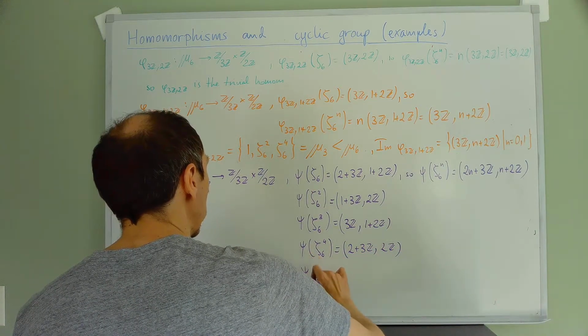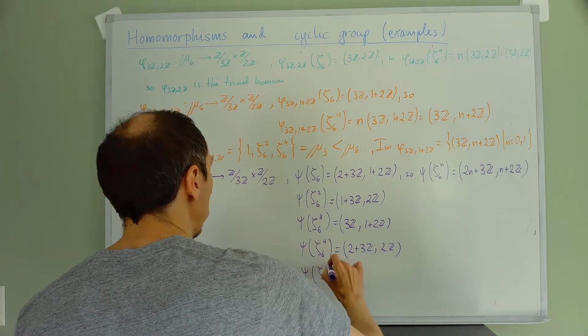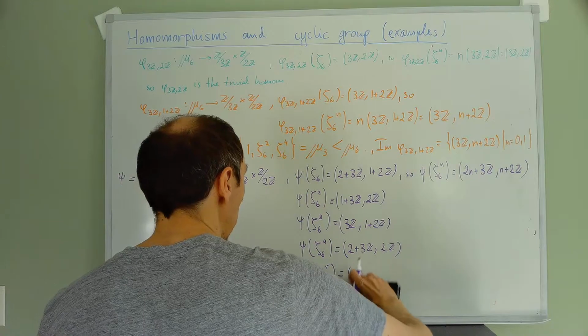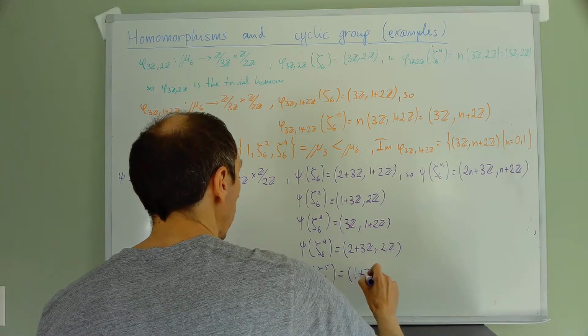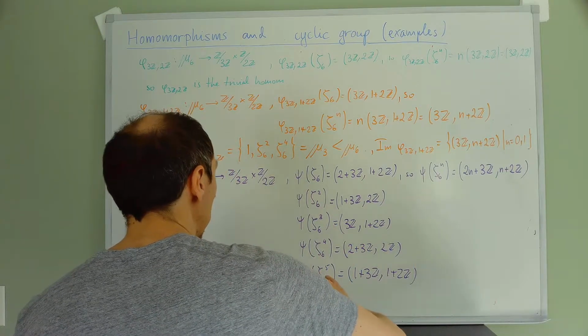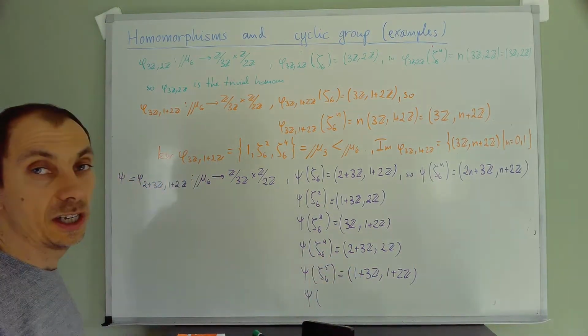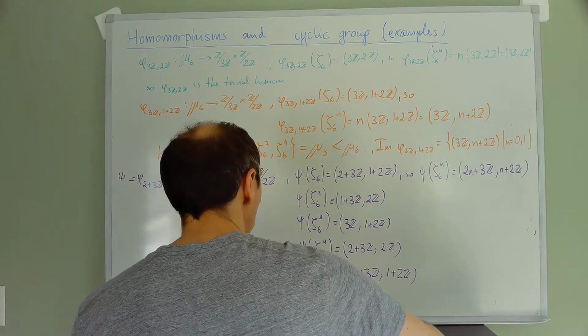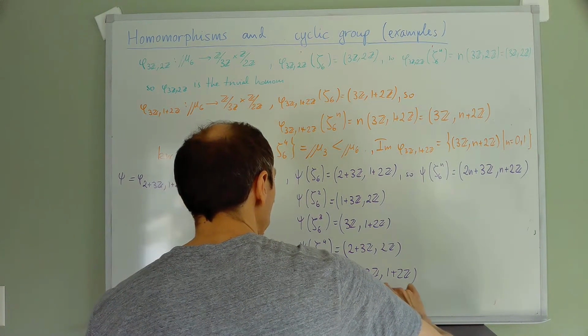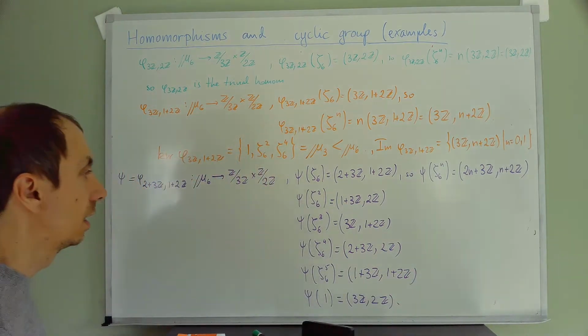Psi of zeta 6 to the 5th power is going to give you 4 plus 3z, so 1 plus 3z, 1 plus 2z. And of course, psi of zeta 6 to the 6th power, which is just 1, is 3z, 2z. All right.